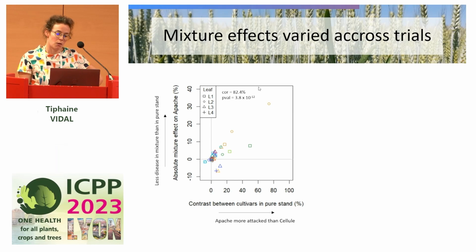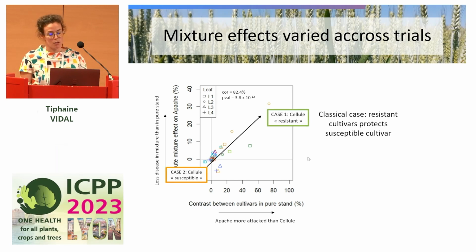So here, if you are on the right, it means that Apache is much more attacked than Cellule. Here we have a positive correlation, which is also significant. And we see that we have high mixture effects when the resistance of Cellule is quite effective. So that's really the classical case we are looking for when we design mixtures.